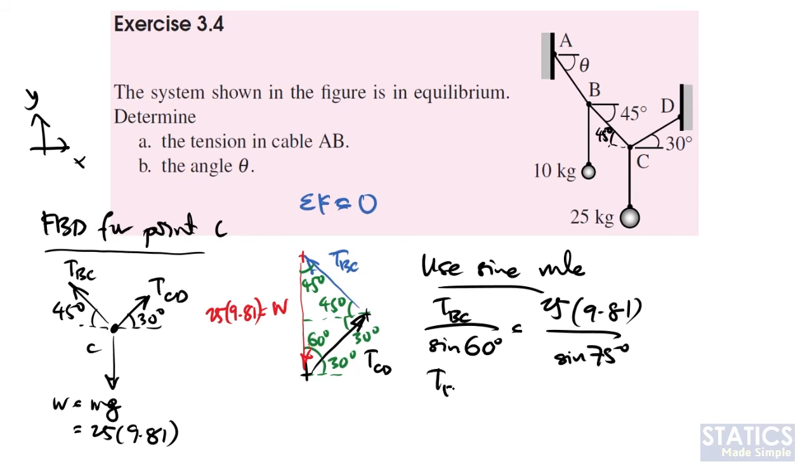So TBC equals 25 times 9.81 times sine 60 degrees over sine 75. Will somebody calculate this?